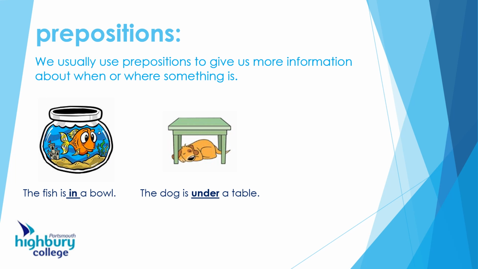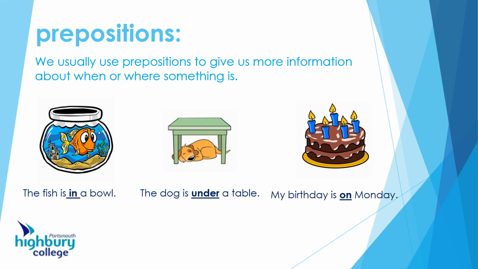The fish is in a bowl. In this one, the dog is under a table. And this one is telling me when my birthday is: on Monday. So prepositions, very, very important for telling us when and where something is.